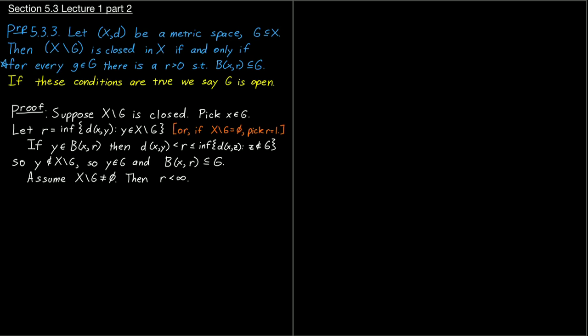So, for each positive whole number n, R plus 1 over n is bigger than the infimum, so it's not a lower bound. So if n is a natural number, then R plus 1 over n is not a lower bound.